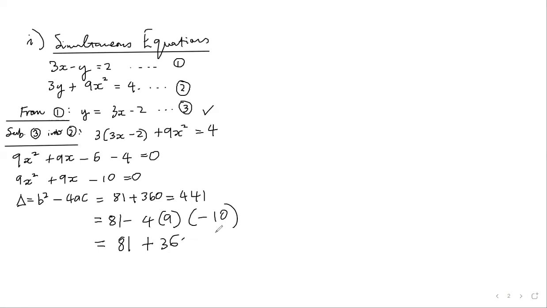All right, so I've got some light on the problem. Let's look here now. 81 plus 360, and that's 441. Just want to see if the answer, so that's 21 squared, which is desirable.